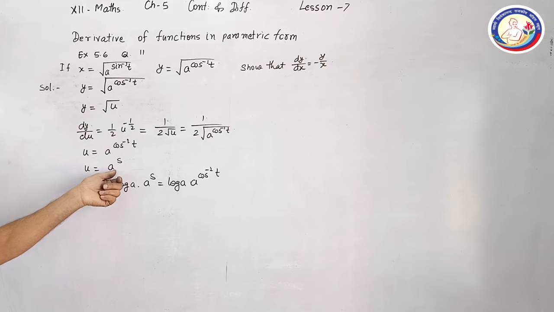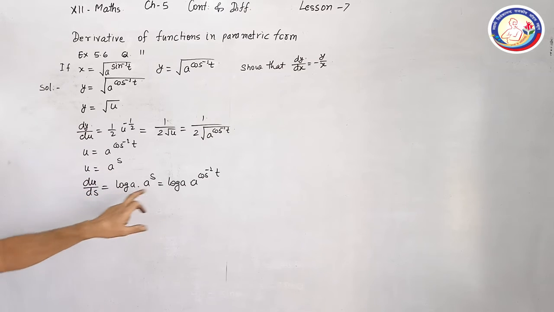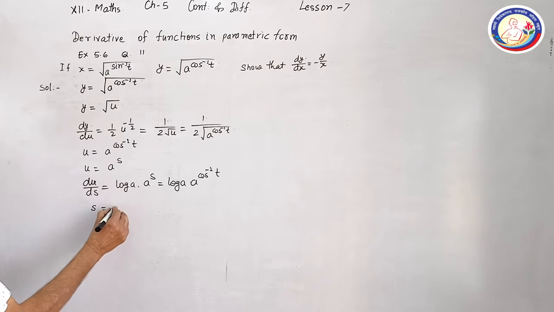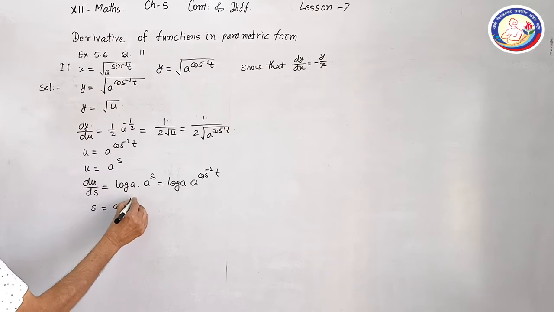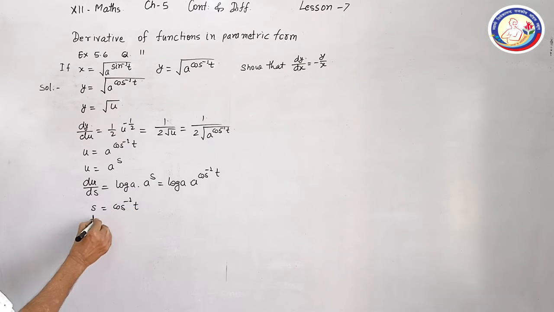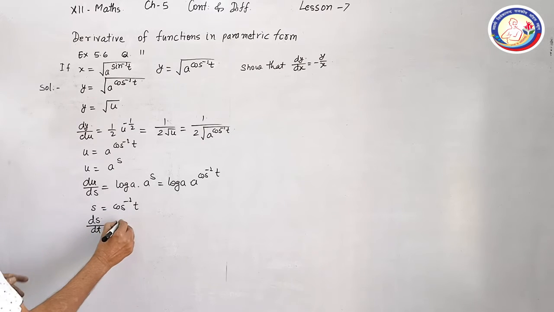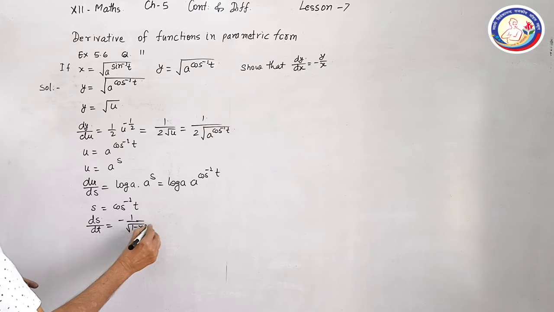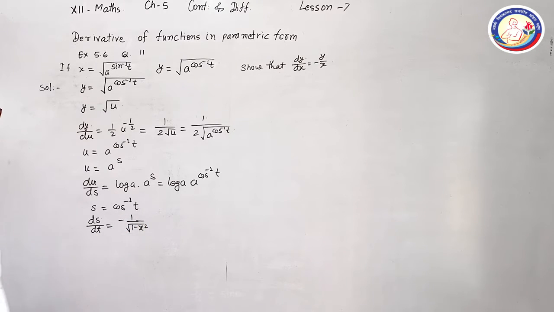So differentiating with respect to s, we obtain this result. Again, s is cos inverse t, so the derivative of s with respect to t is minus 1 upon square root of 1 minus x square. That is a standard formula.